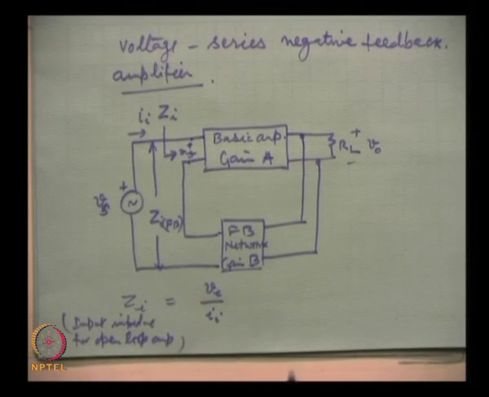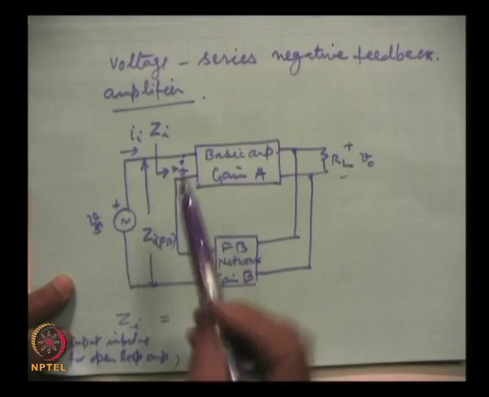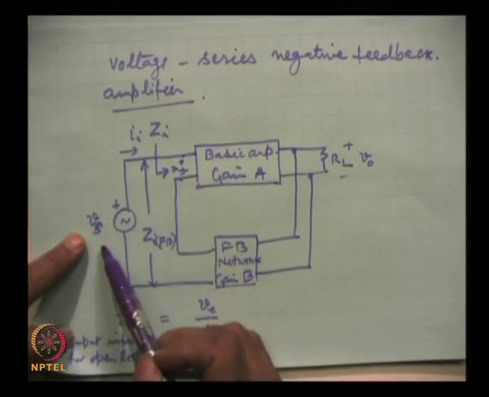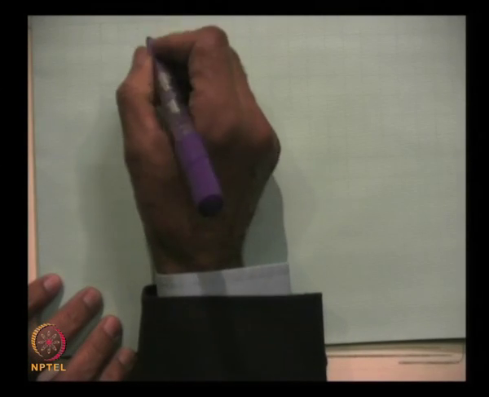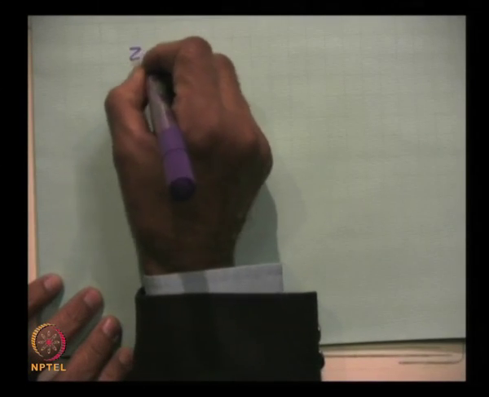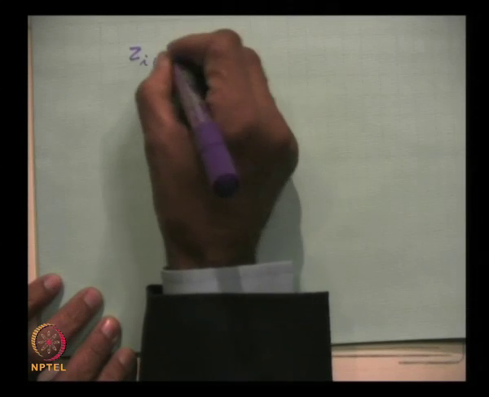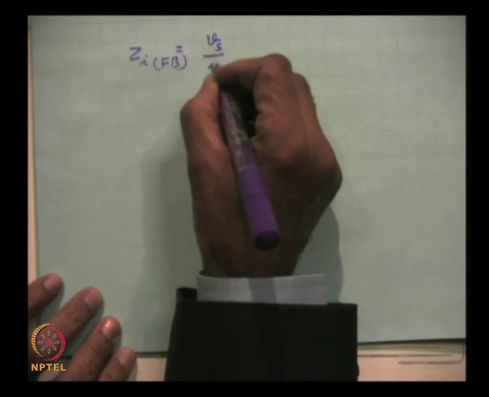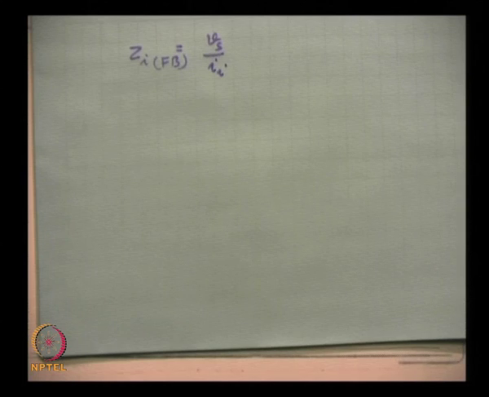So, remember this definition, and then in the same way look at this circuit. Here the input was V E, here the input is V S. So, for the feedback circuit, Z I F B is equal to V S by I. And what is our purpose?